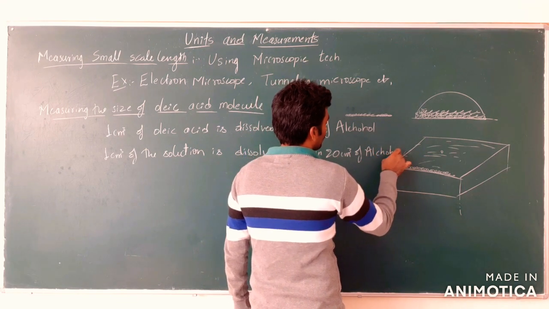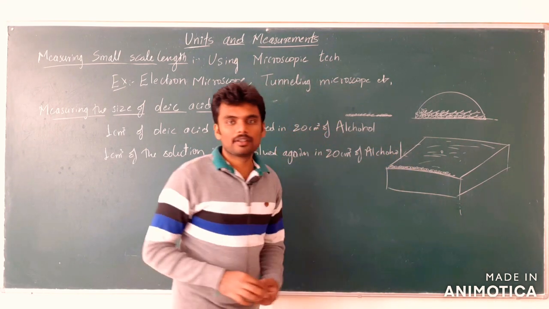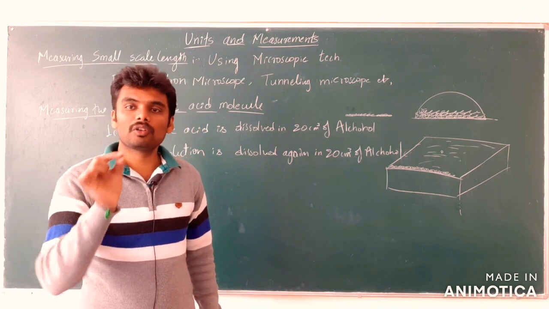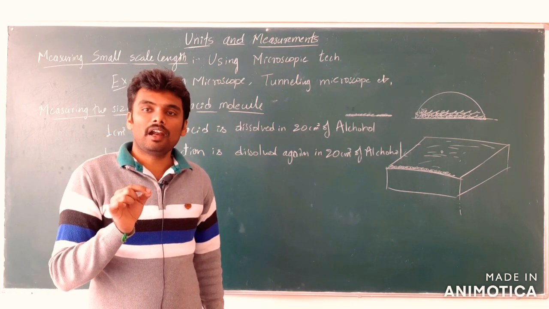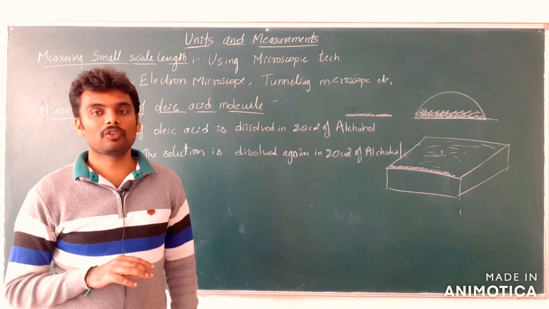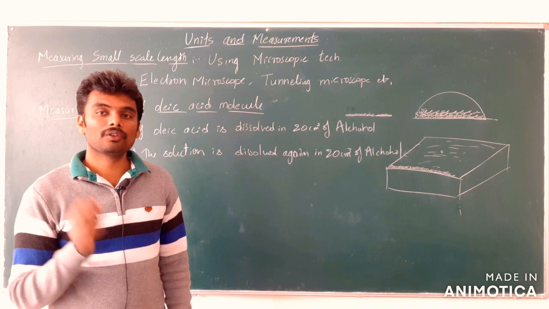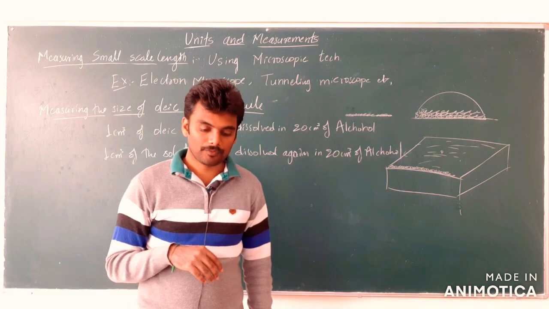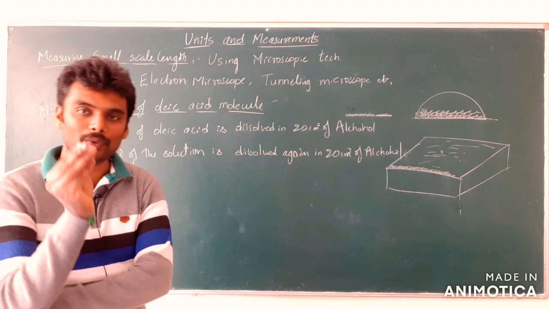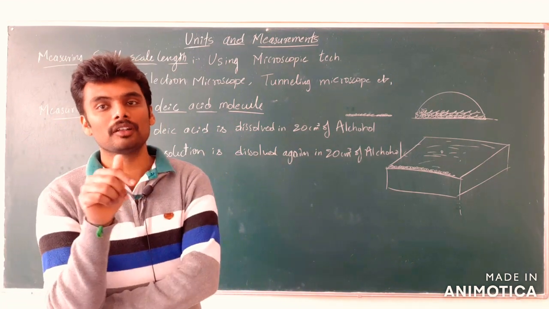Why are we doing this? See, I have told you that we need a very small amount of oleic acid. At the same time, we should have an idea about how much oleic acid we are putting on top of water. So how can we be sure about both things? Less quantity, at the same time measurable.